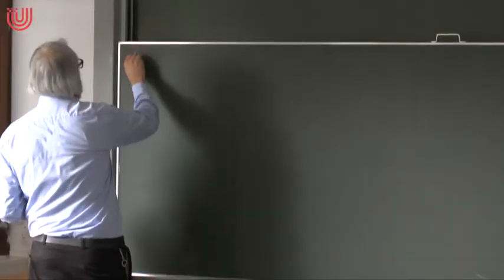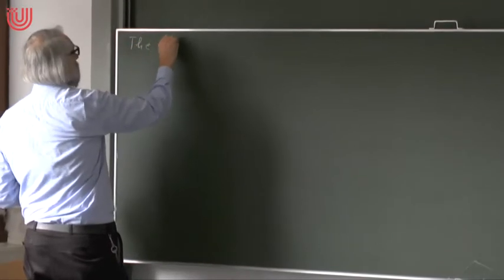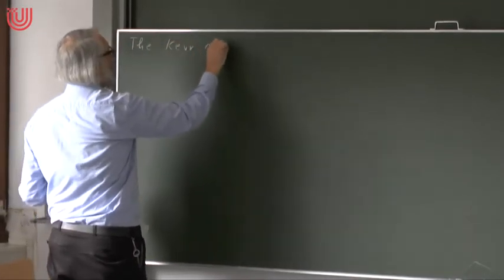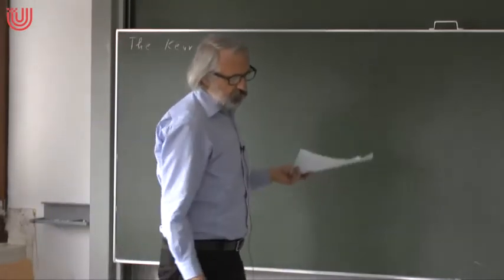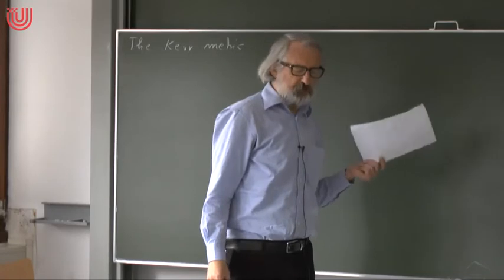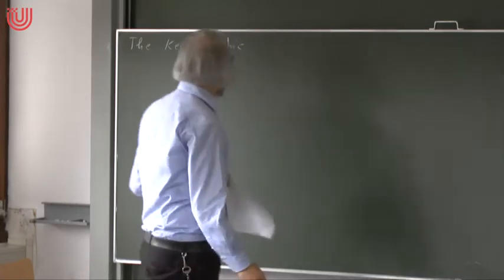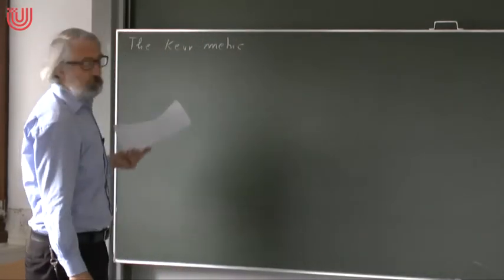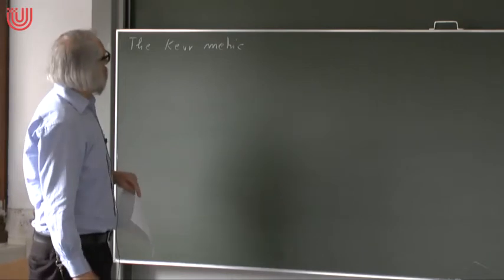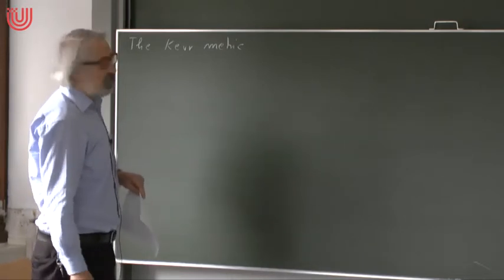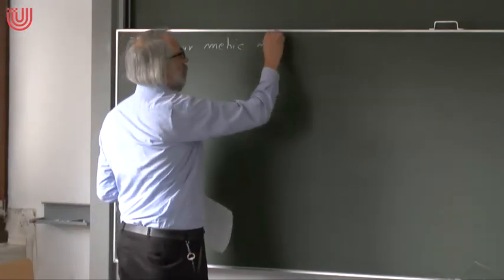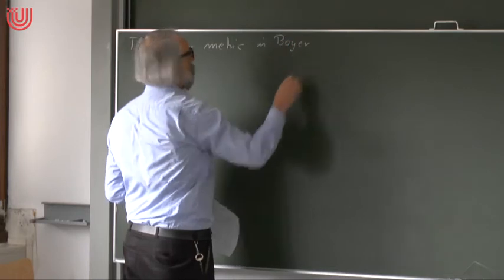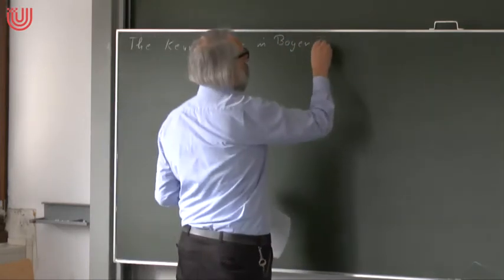In whichever way you arrive at the Kerr metric, finally we will have it, and we will now discuss it in some detail. The form in which I gave the metric, and in which I will discuss it for the most part, is not the form in which Kerr actually gave it. It was found in this form, with the coordinates r, theta, phi, and t, by two other gentlemen, Boyer and Lindquist. So what we discuss here is the Kerr metric in Boyer-Lindquist coordinates.